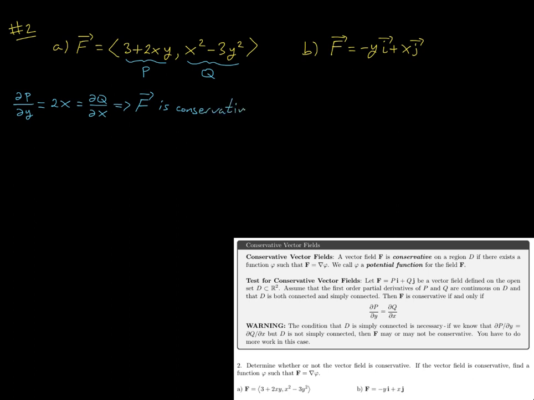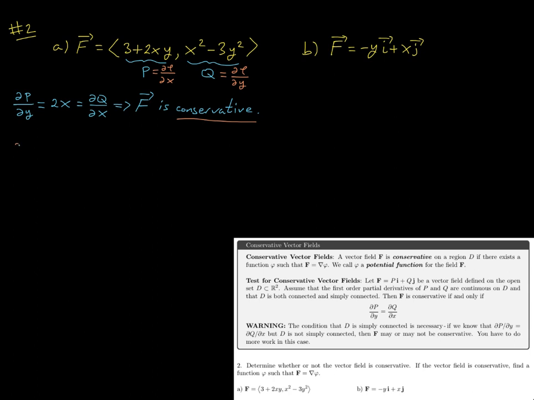All right, so now our job is to actually go about finding a function phi whose gradient is equal to this field f. Here's what we're going to do. If f is conservative, then we know that p is equal to the partial derivative of some function phi with respect to x, and q is equal to the partial derivative of phi with respect to y.